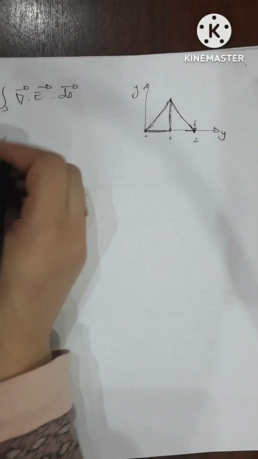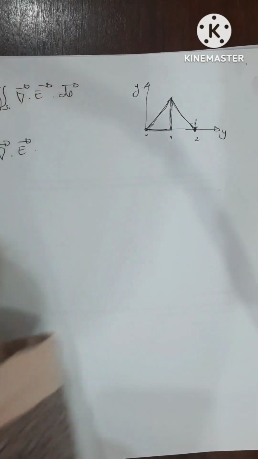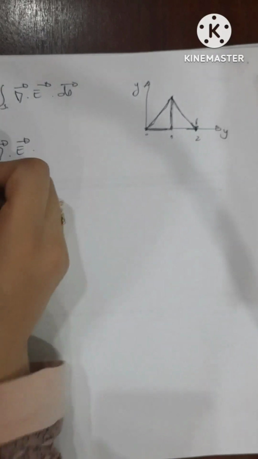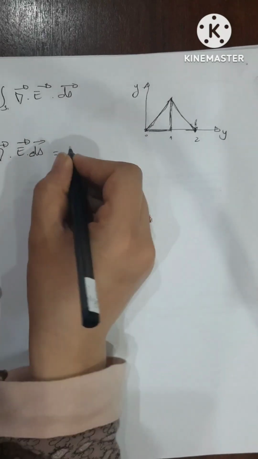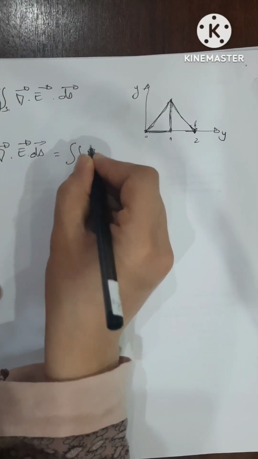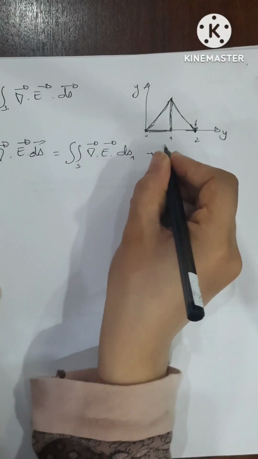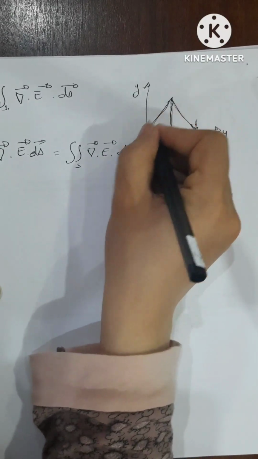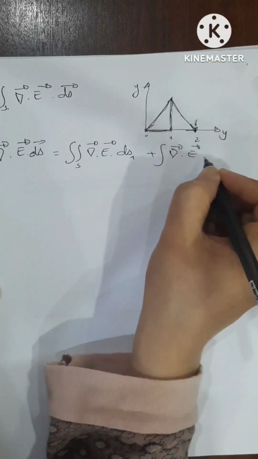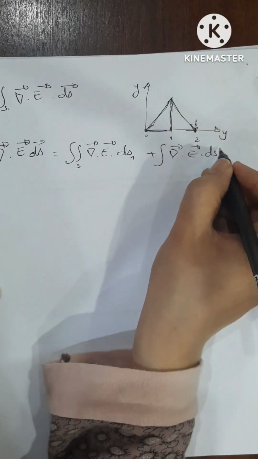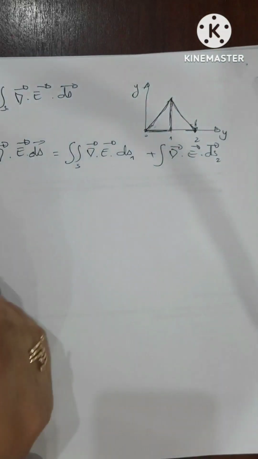So the integral of the curl of E ds equals the curl of E ds1 plus the curl of E for the second surface ds2. It's not the same function, so we have to divide it over two parts.